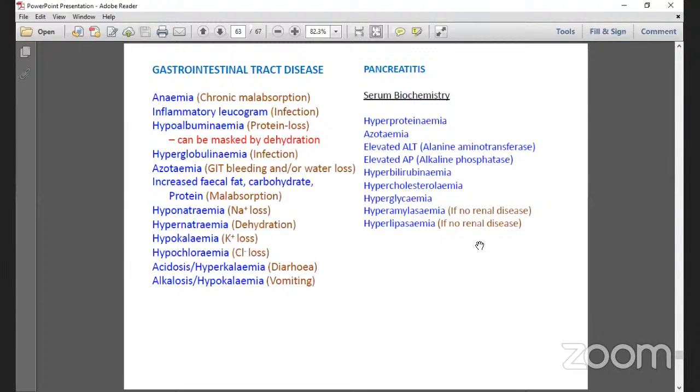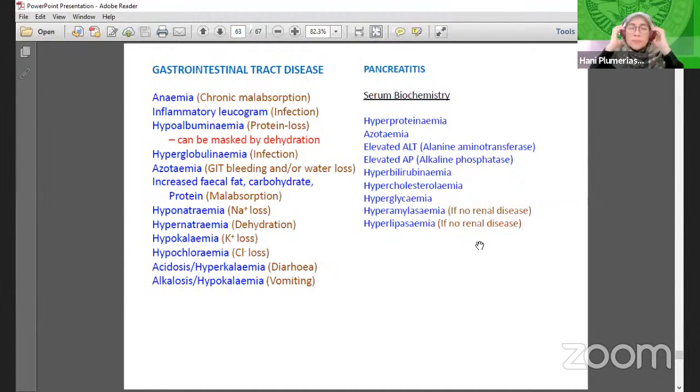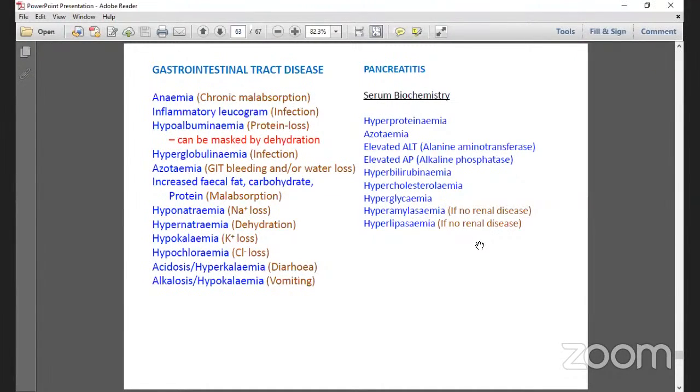When there is an infection, we might also see an inflammatory leukogram, characteristic of leukocytosis. When there is protein loss through the GI tract, there will be hypoalbuminemia, but it can be masked by dehydration. In case of infection, we might also see hyperglobulinemia. When there's bleeding, it will be hemorrhage.